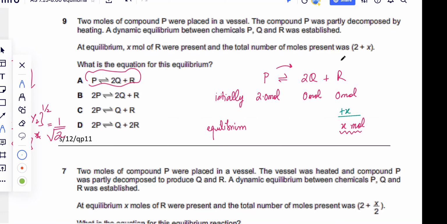So to produce X moles of R, how many Qs should be produced as well? 1R is produced when 2Q is produced along with it. So it's 1:2. So over here, there's going to be 2x moles getting produced. Is this clear?